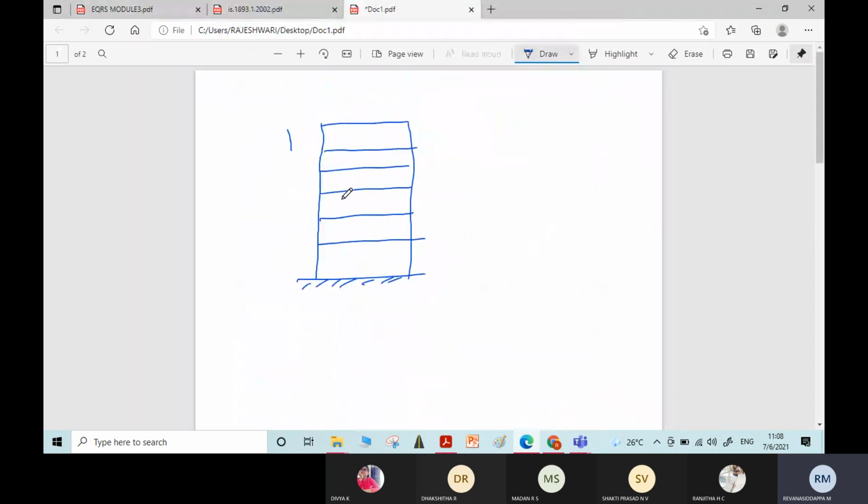if we have n number of floors, then a storey is considered to be a soft storey when the lateral stiffness of that storey, let us take the ith storey, is less than 70% of the lateral stiffness of storey i plus 1.